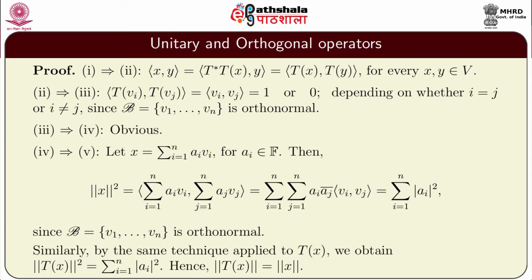Therefore, all the vi, vj terms become 0 if i is not equal to j, and the only ones that survive are the inner products vi, vi, but that is 1, and then we have ai, ai bar, and that gives rise to this mod of ai square.